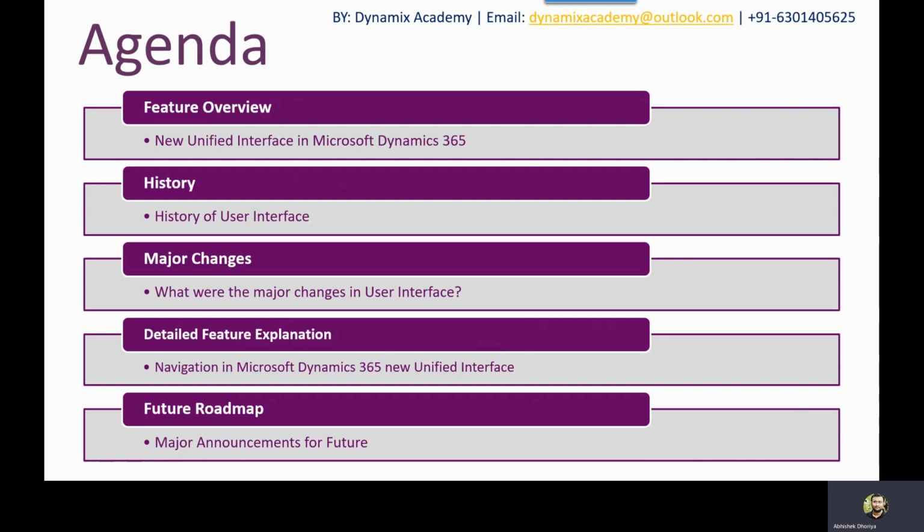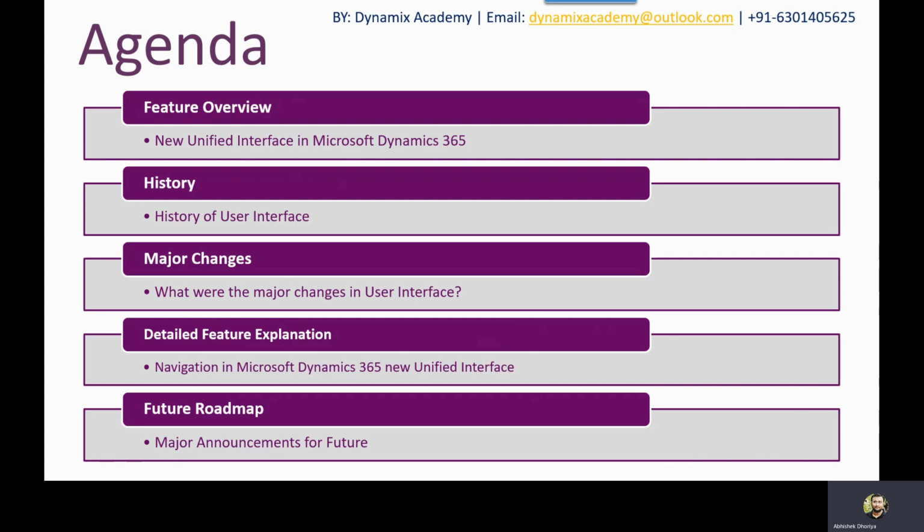The agenda of today's video is, first of all I will give you the feature overview. In the current version, which is Dynamics 365 version 9.0, the new unified interface is introduced, so I will give you a brief overview about the new unified interface. Then we will cover the brief history of the user interface: what the UI looked like in the very first version of Microsoft Dynamics CRM, and what all the major changes were that happened to that UI till today.